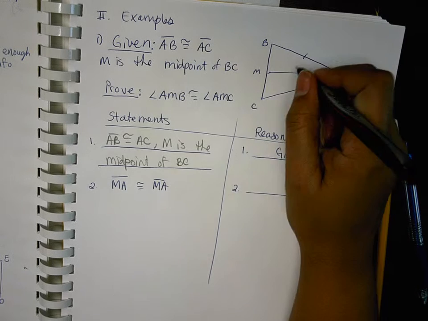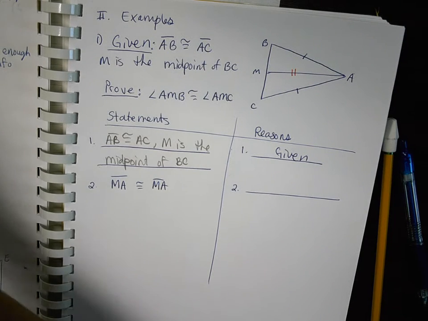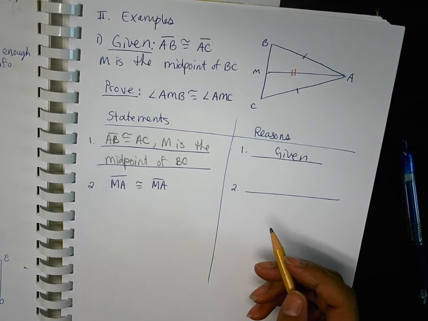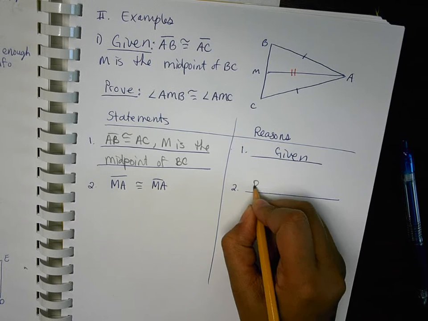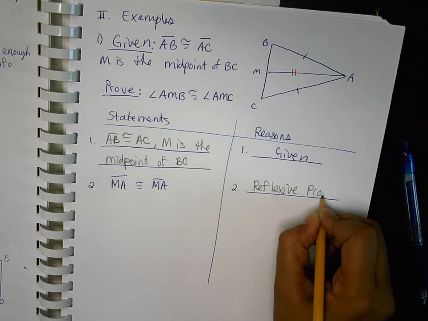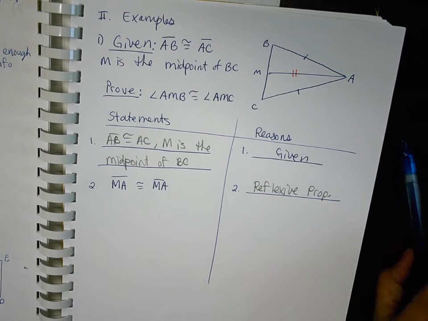MA is congruent to itself. And Ariana, can you tell me why it's congruent to itself? Perfect. She is correct. She said reflexive property. How many of you feel more comfortable with that one? We've used it enough by now. Okay. Number 3.